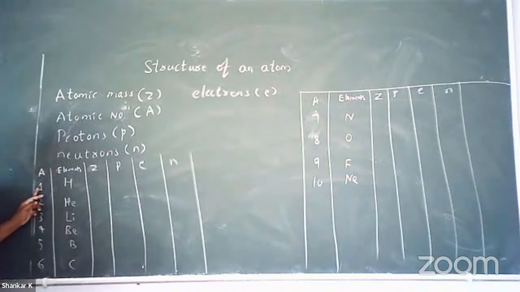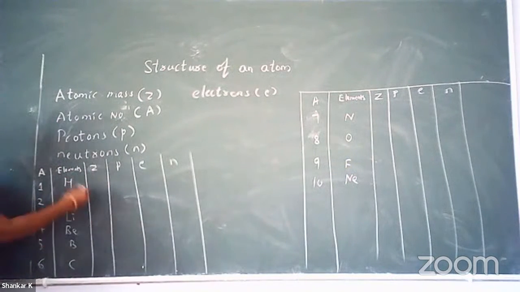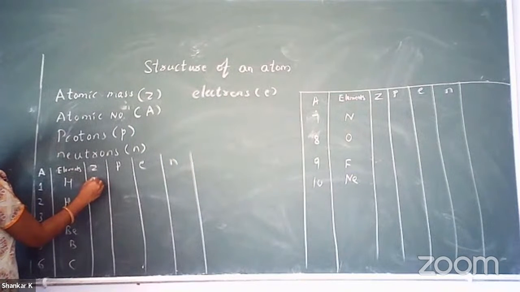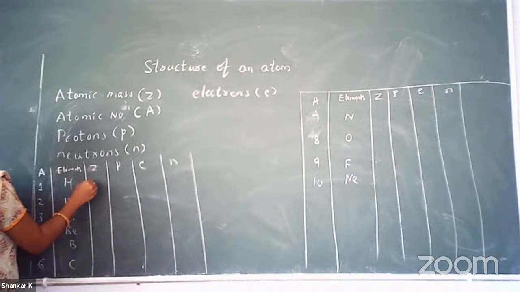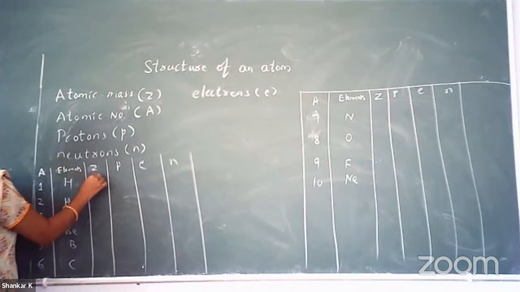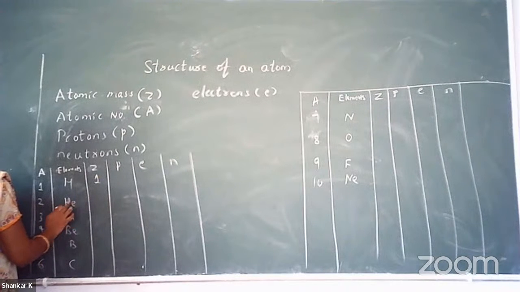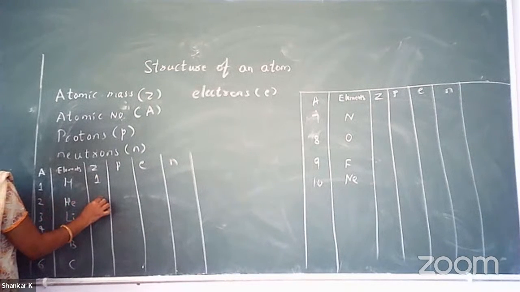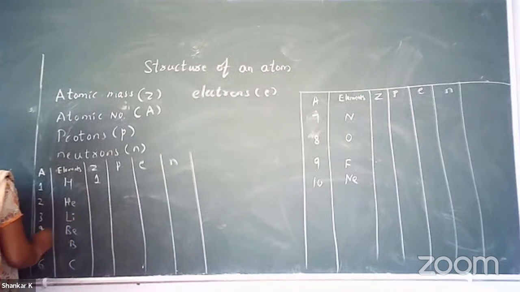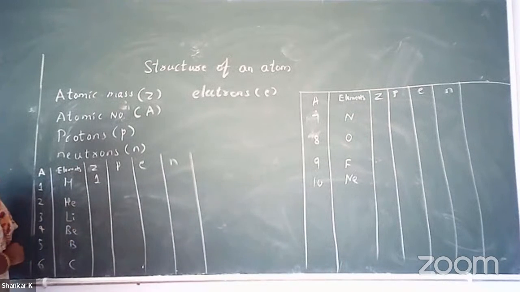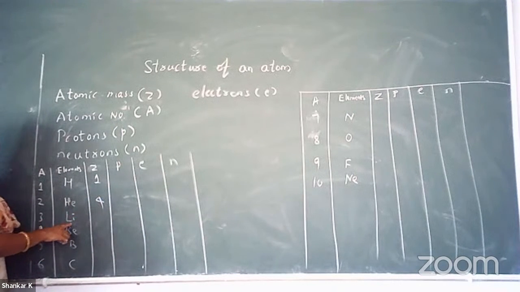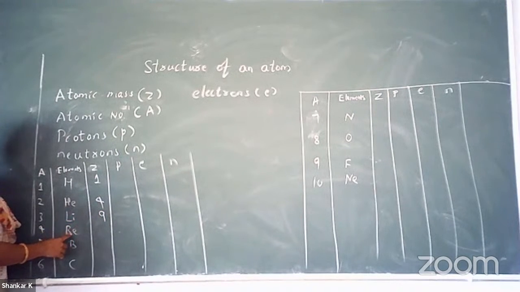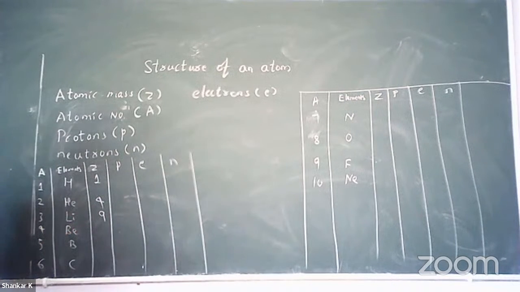What is the atomic mass of hydrogen, students? Tell me the atomic mass of hydrogen. It is 1. Helium is 4. Then lithium.